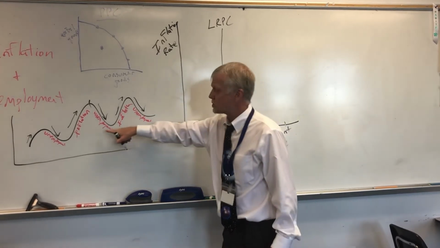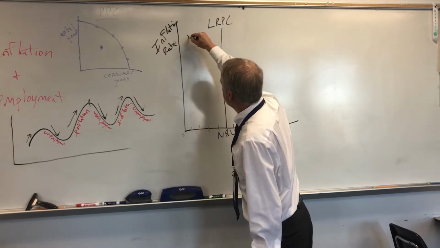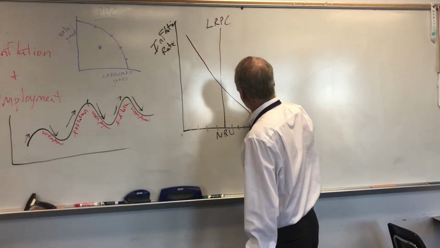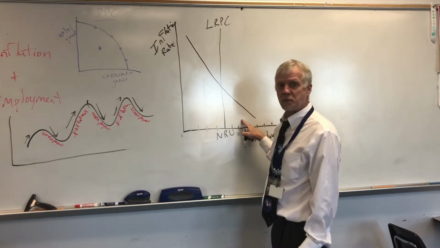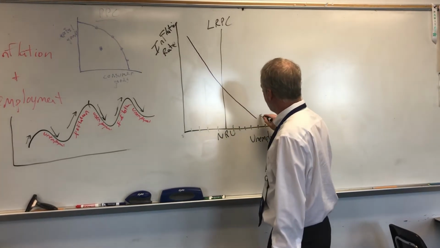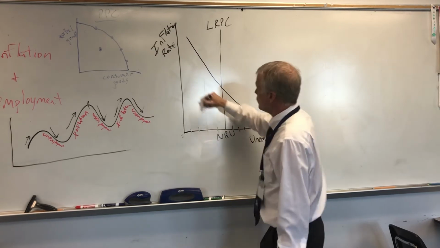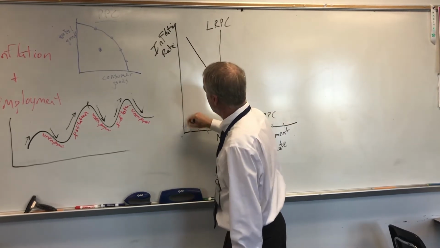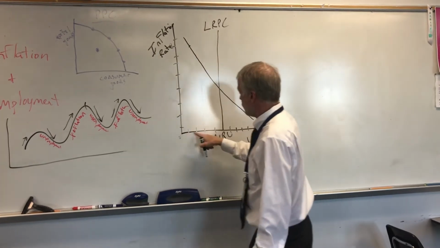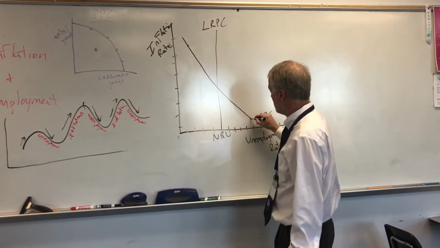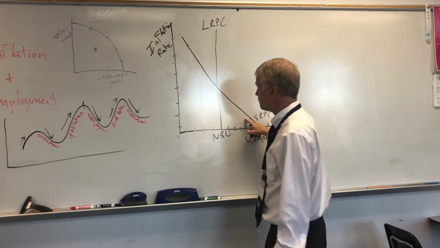However, we also say that historically there's an inverse relationship between inflation rate and unemployment rate. This becomes known as the Phillips curve. So when the inflation rate is high, the unemployment rate is low. When the unemployment rate is high, the inflation rate is low.